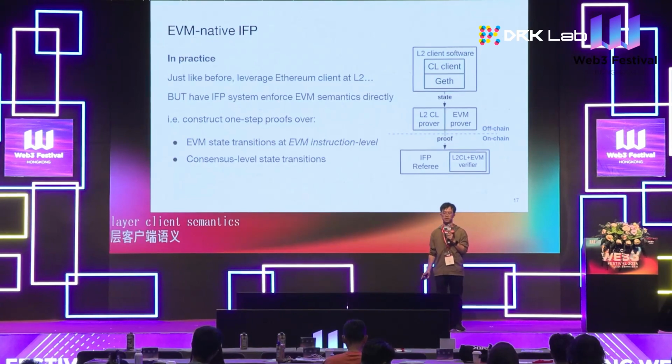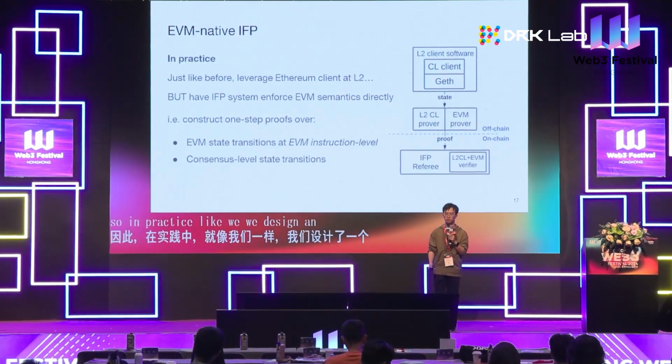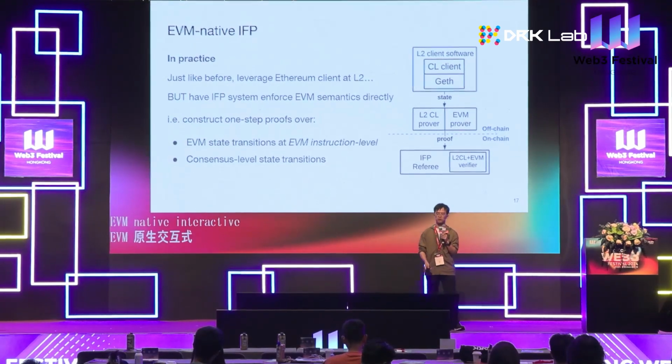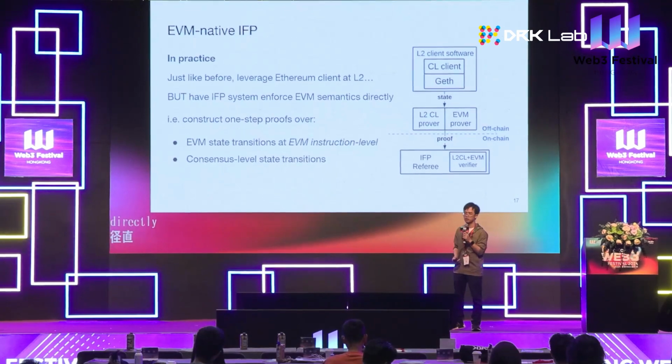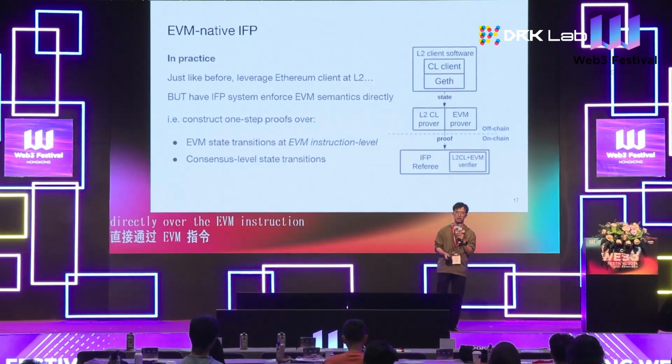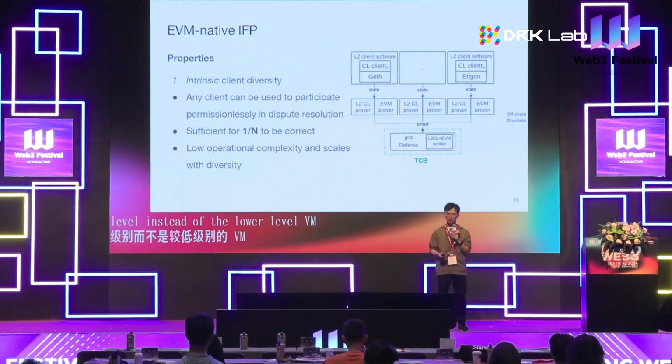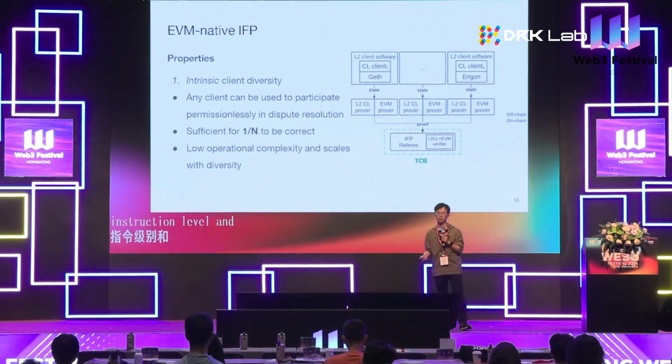In practice, we designed an EVM-native interactive fraud proof, where we construct the one-step proof directly over the EVM instruction level instead of the lower-level VM instruction level. And in this case, it solves all three problems.